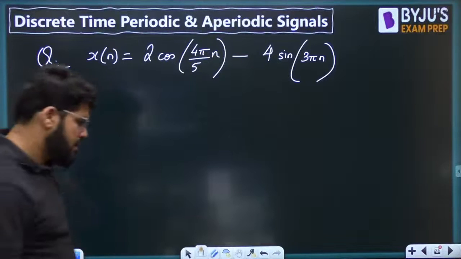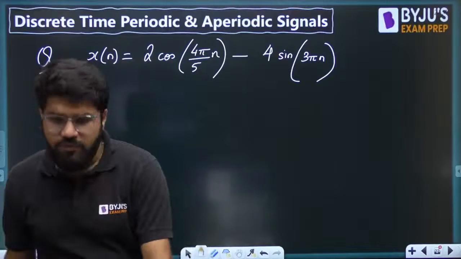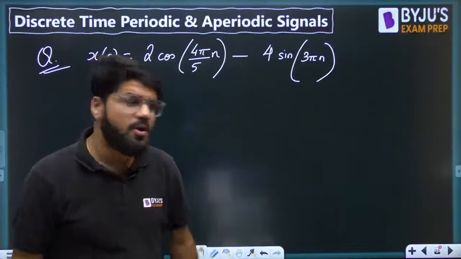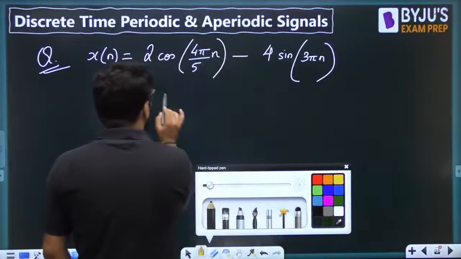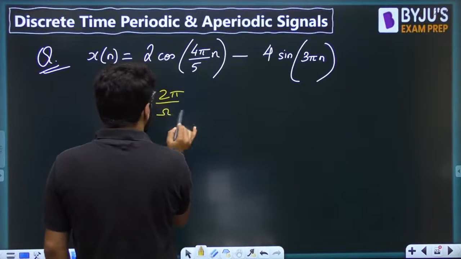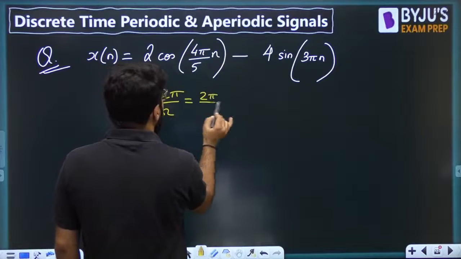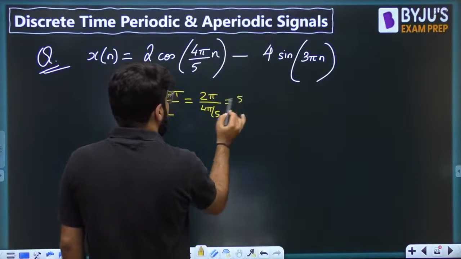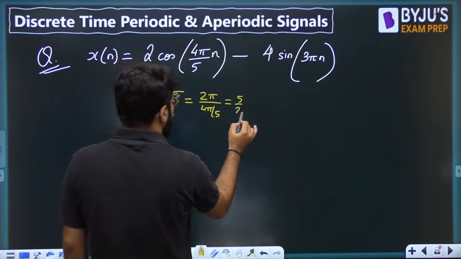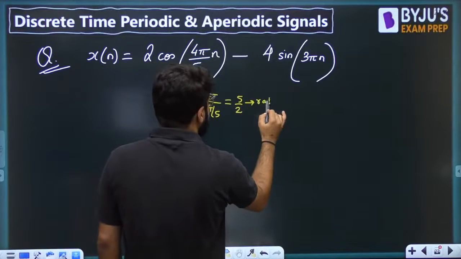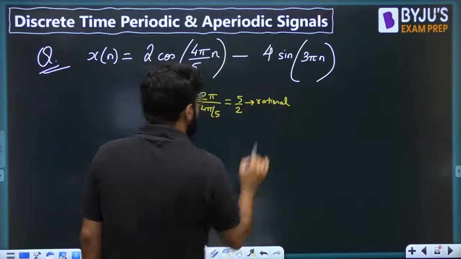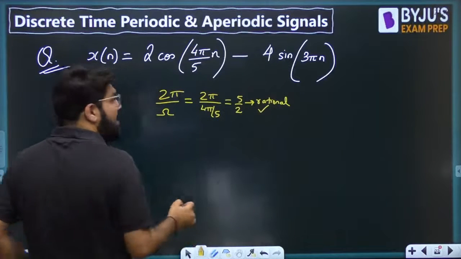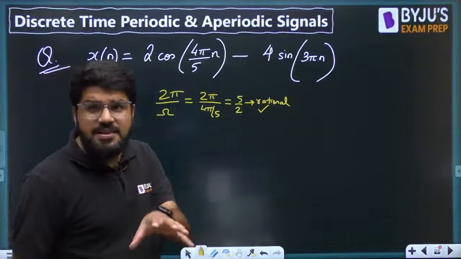Addition or subtraction, both follow the same result. Are they individually periodic? For the first one, 2π/ω becomes 2π upon 4π/5. The π cancels, 2 by 4 is half, so it is 5 by 2. It is rational at least, but not an integer.